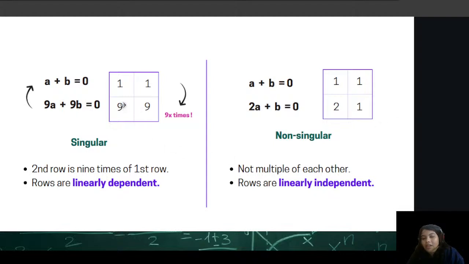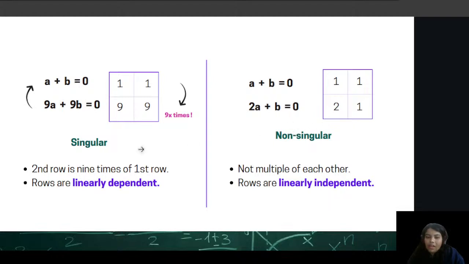But in the first case there is an easy relationship, because we can simply multiply by 9 or divide by 9, and also juggle them up and down, and the system would be the same. The 2 by 2 matrix would be the same, and their transpose would also be the same. But here, even if we transpose this system, there would be a completely new matrix. So it is not giving us any sort of dependency characteristics.